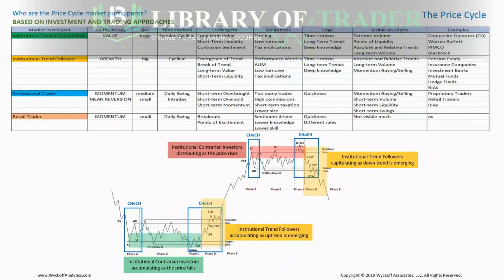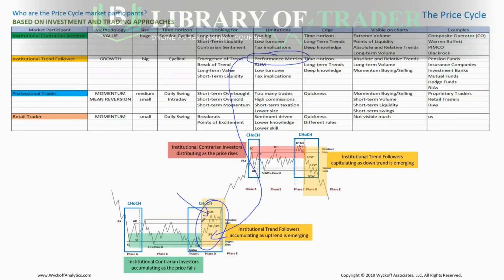So therefore, just because their behavior is based on the performance matrix, the timing is more important. And that's why all of their models and methodologies are based on the identification of how the trend starts to emerge. And that's when they jump on that trend.